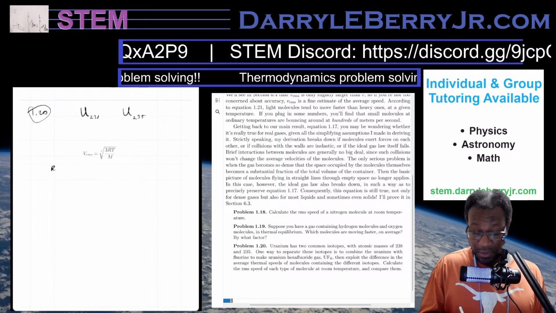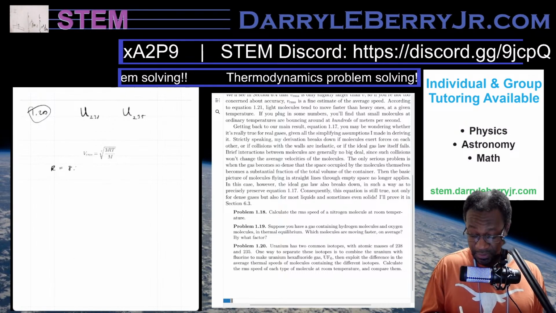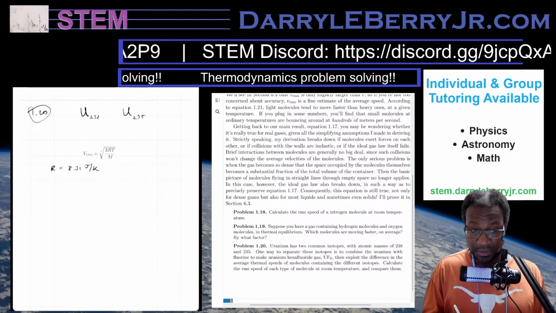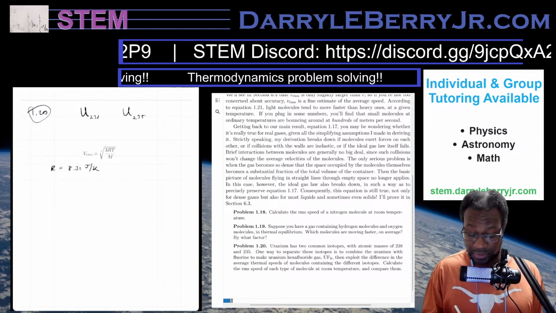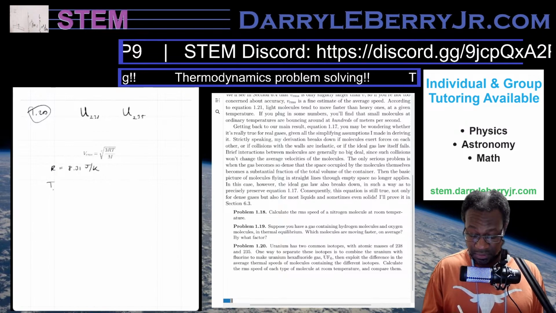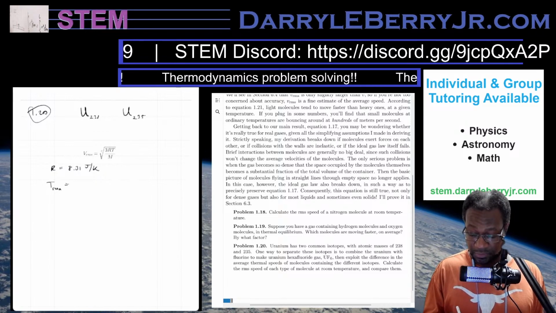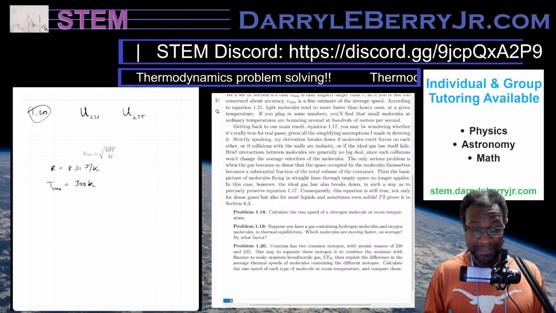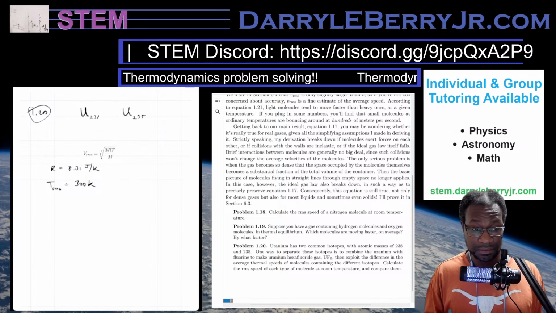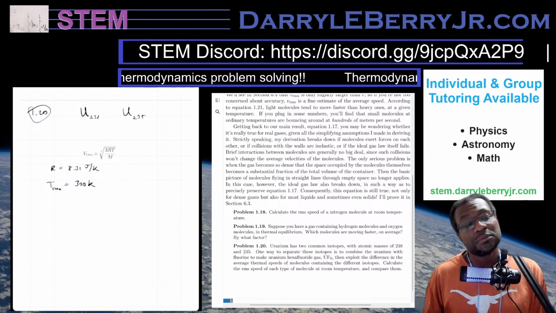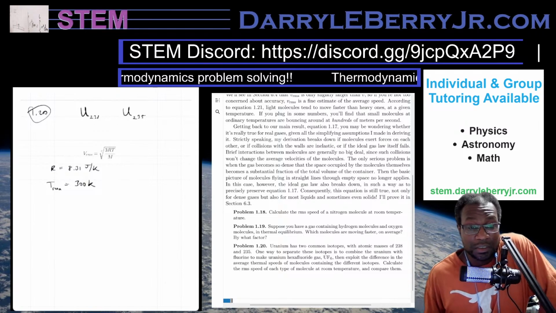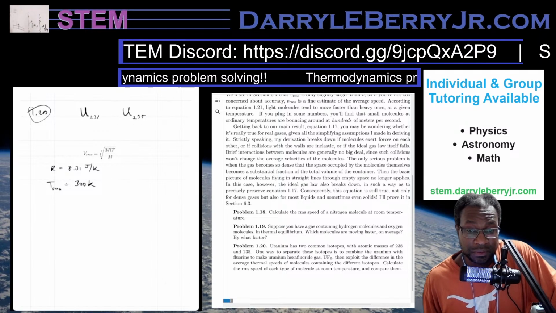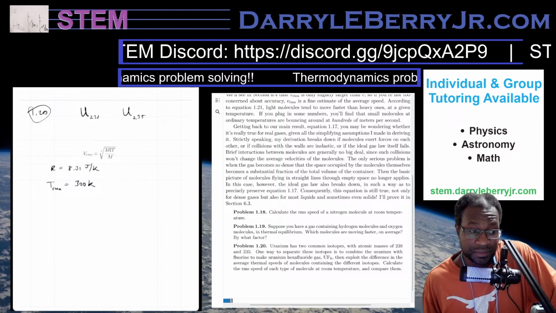So R equals 8.31 joules per kelvin. Room temperature, T room equals 300 K. And the mass, right? So a UF6 molecule containing uranium-238.